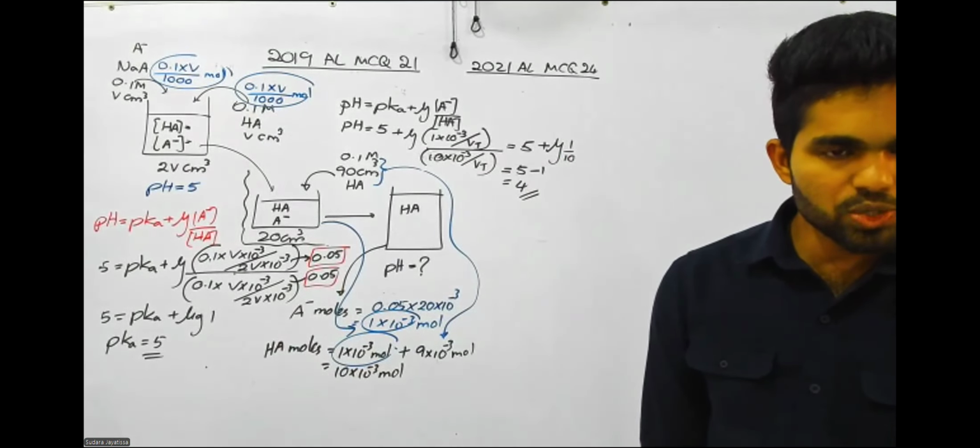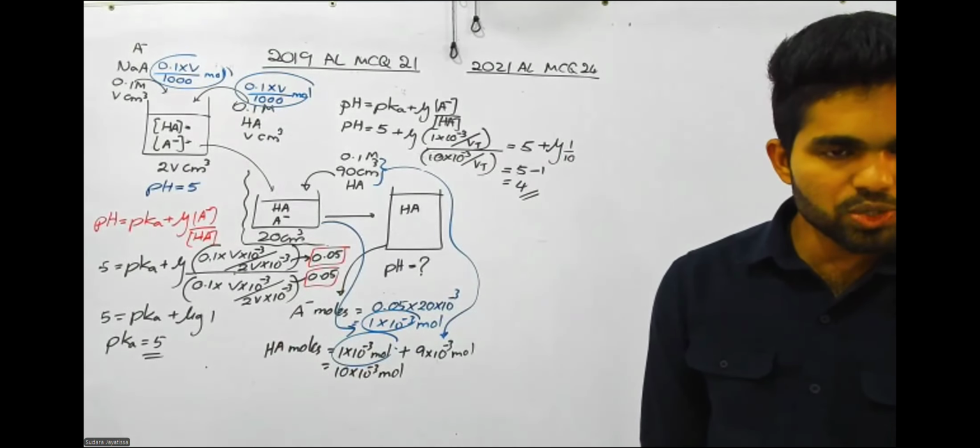Ka is given as 1 into 10 to the power minus 5, so that means pKa is 5. If you apply Henderson's equation for this solution, pH equals pKa plus log A minus over HA. Since their concentrations are the same, pH equals pKa equals 5.